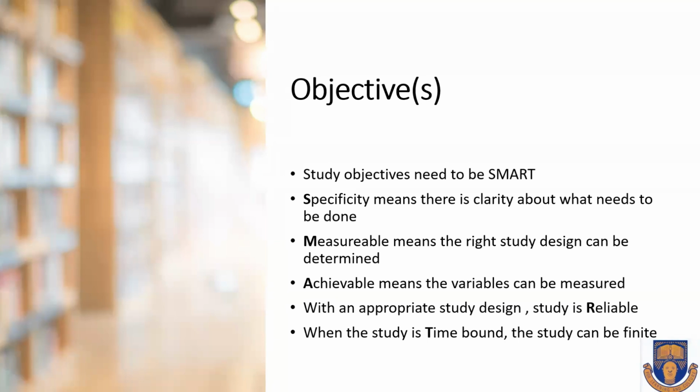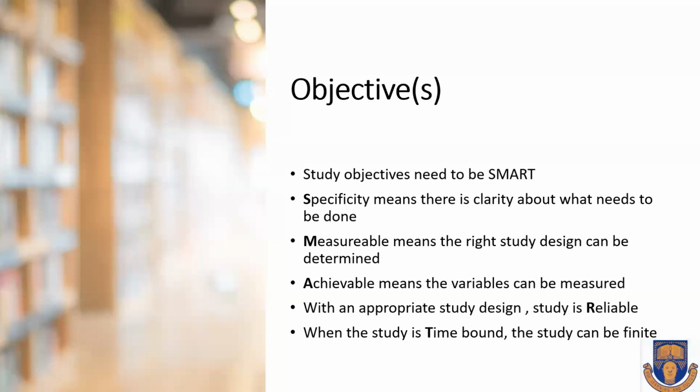When we talk about specificity, we mean that there's clarity about what needs to be done. Measurable means the right study design was determined. It is possible for you to be clear about what you're doing, and then you use an unmeasurable method, a method that would not measure the objective, and we'll go into that.